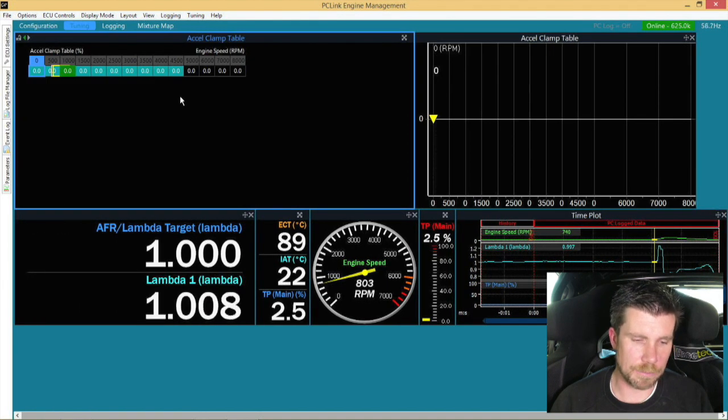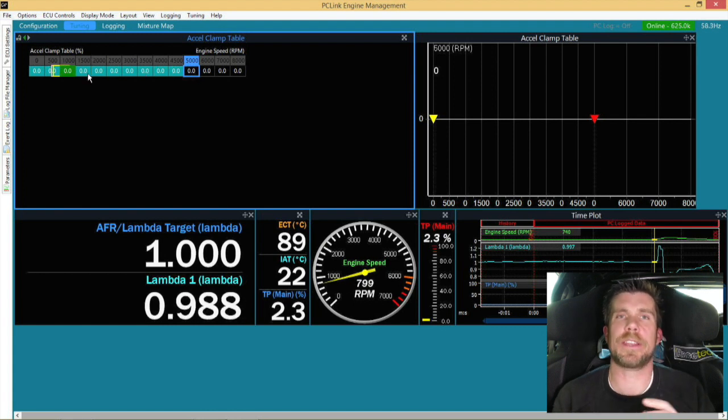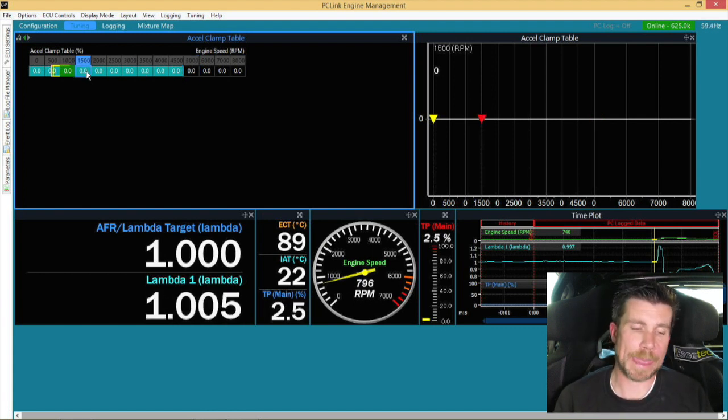Okay, so back to our accel clamp table. Remember the values that we had in this table ended up being at 0 by 5,000 RPM. So the technique that we use to tune it, if we're on the dyno, is really easy. We just run the car at each of the RPM zones, go from a very light throttle, steady state condition, mash the throttle straight to the floor and look at the response, feel the response and make changes accordingly.